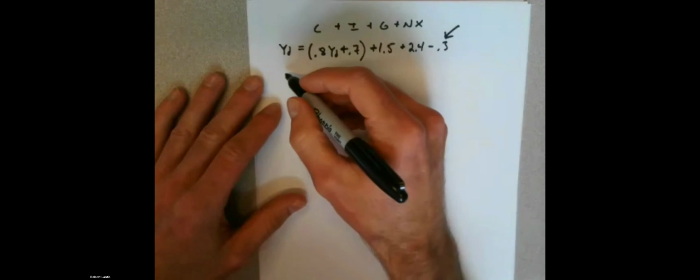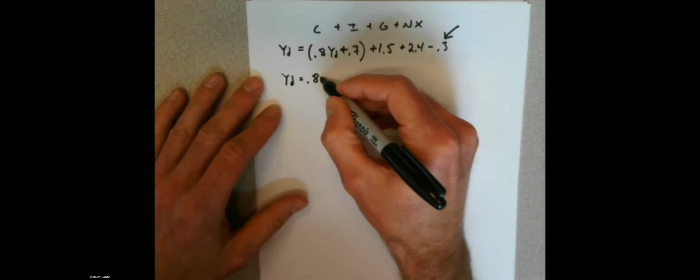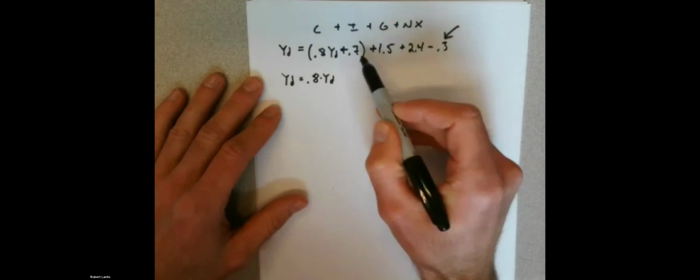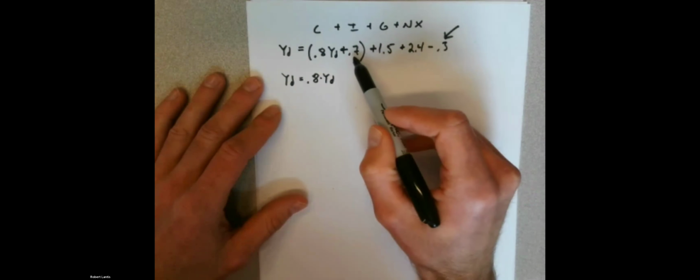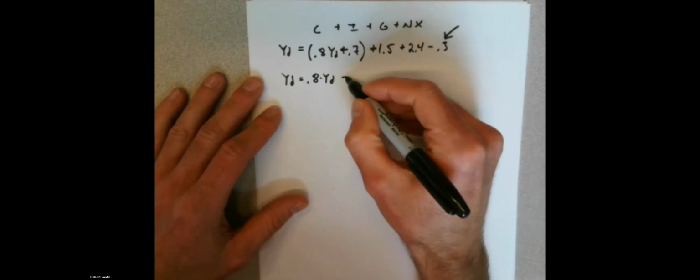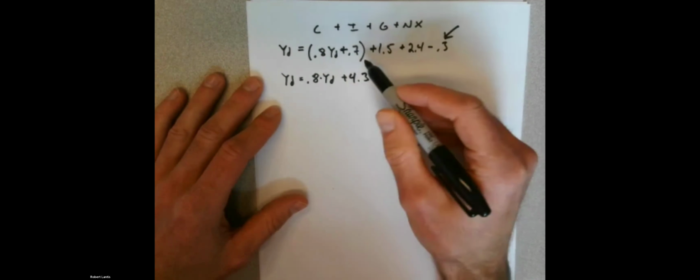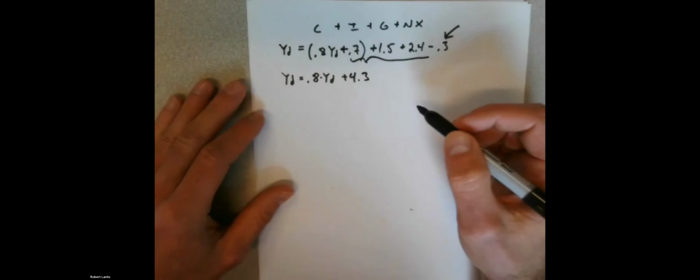So if we were just solving for this one, to make it easier, I'm going to add these values up. So I get what? 3.9, 4.6, so 4.3. That was just from adding these values up, to make it a little bit easier to look at.